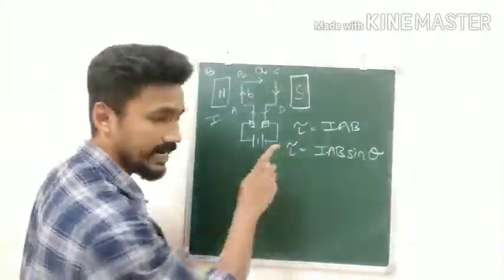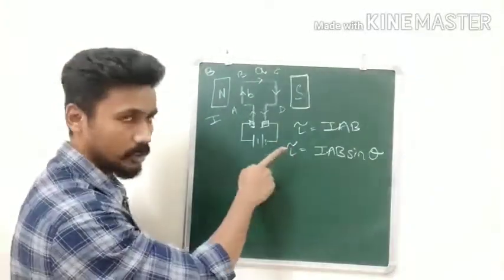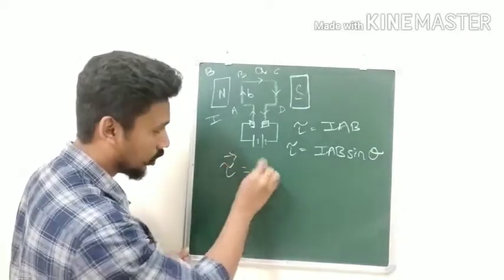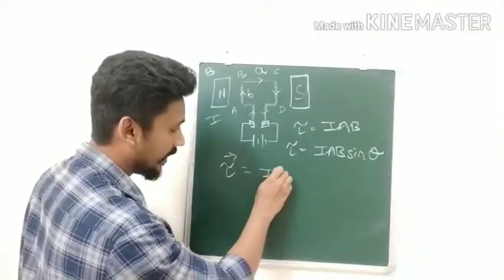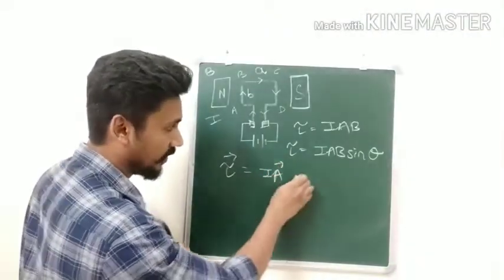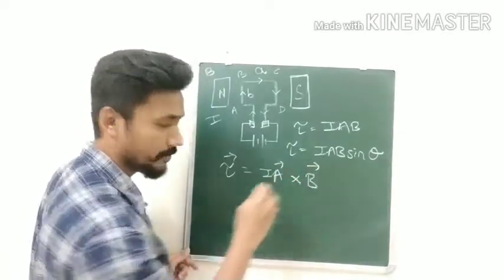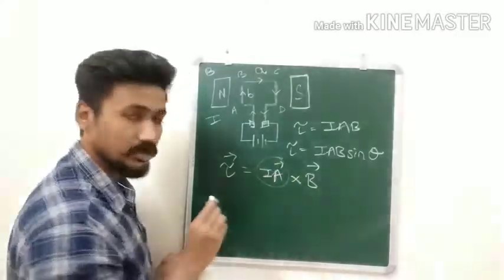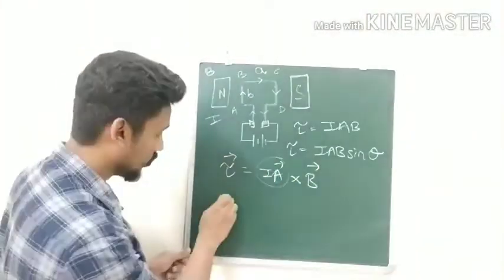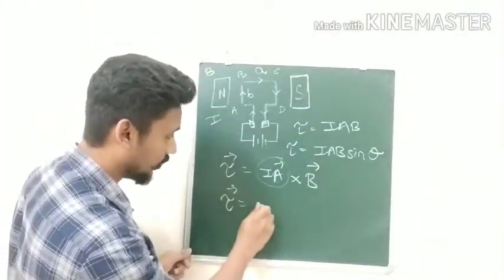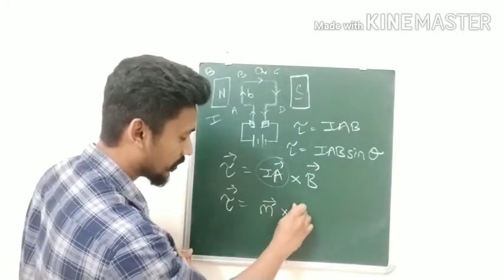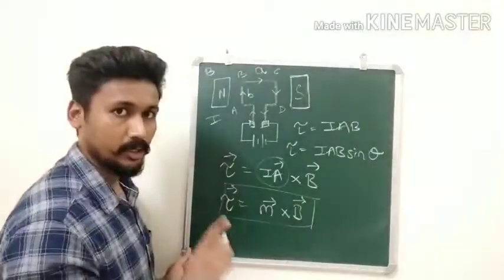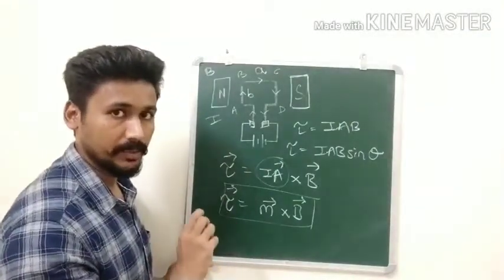So you can write the formula for torque in vector form like this: the vector torque will be written as I into area vector cross B. This term I into area vector is actually called the magnetic moment. So we get torque equal to magnetic moment M cross B. So this is the torque acting on a rectangular current loop.